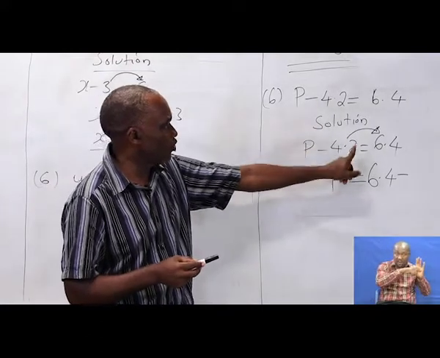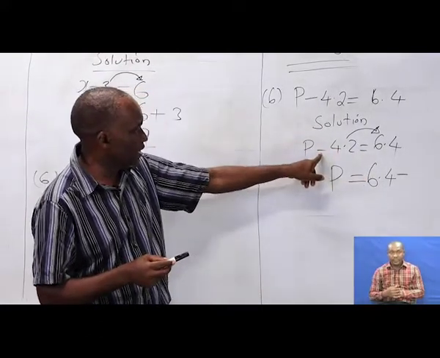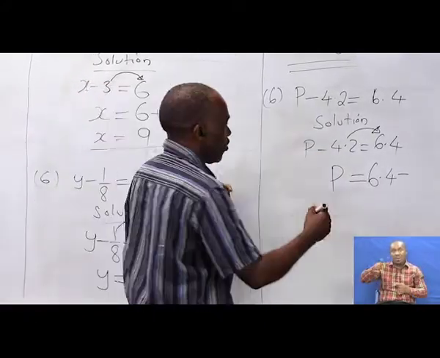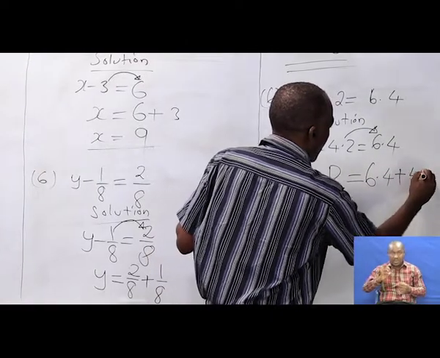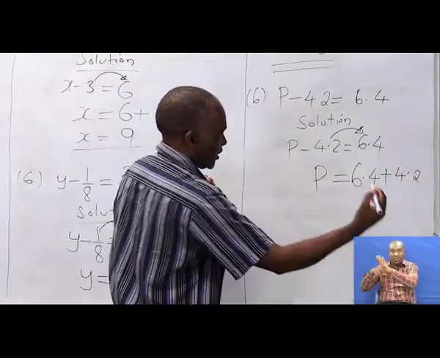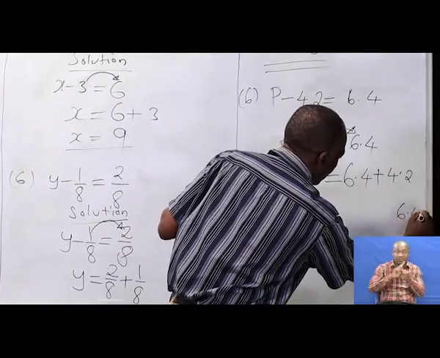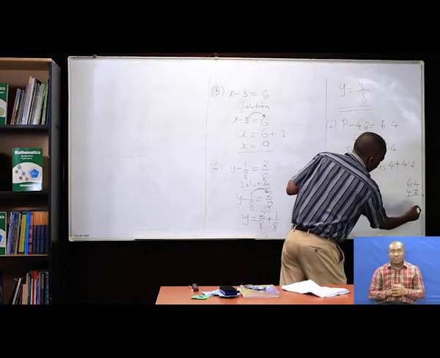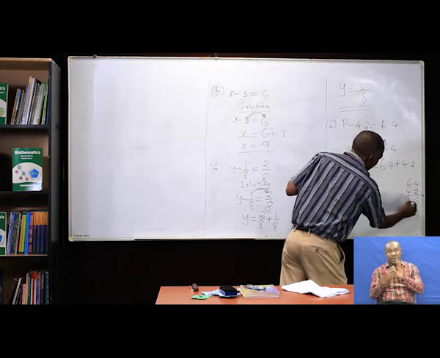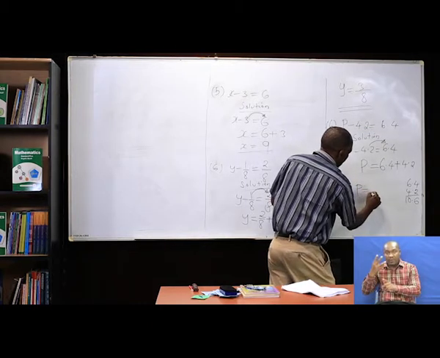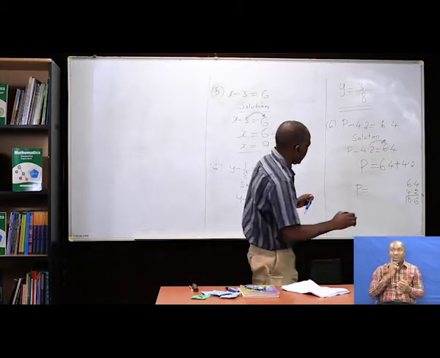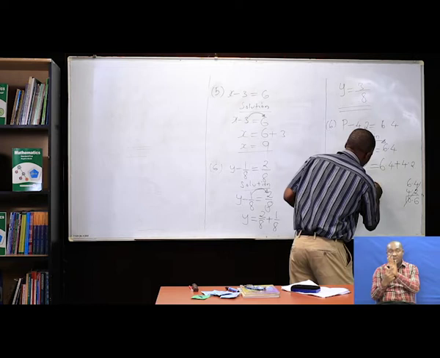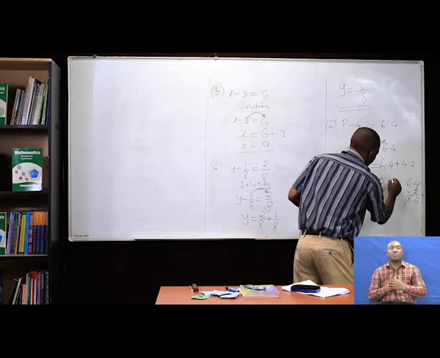So it's crossing this sign, and the sign is going to be the opposite of negative. It will be positive. So you are going to add 4.2. Okay, let's add here: 6.4 plus 4.2. You are going to get 10.6. So p is equal to 10.6.